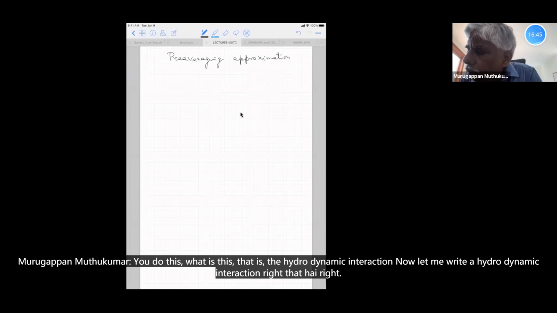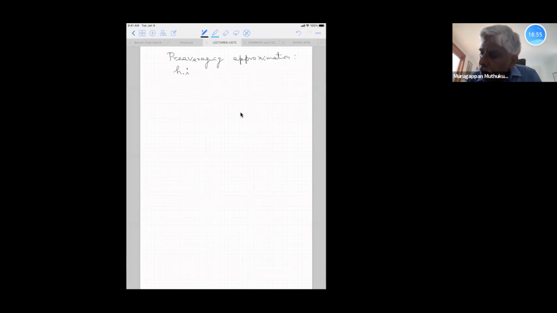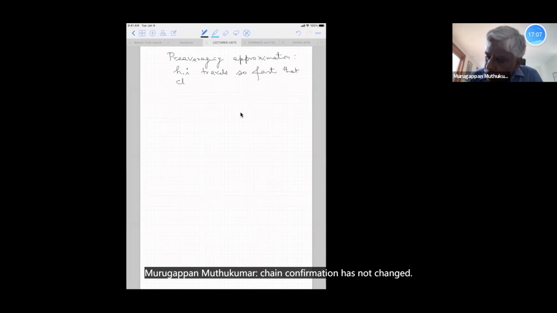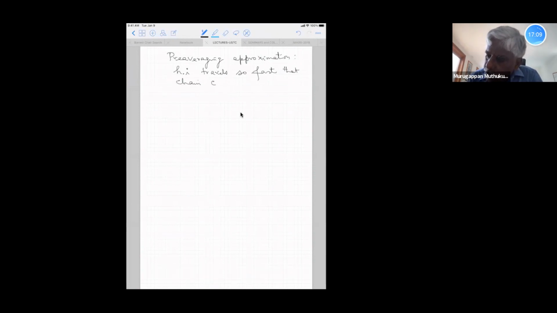What is this? That is the hydrodynamic interaction. Let me write hydrodynamic interaction, that's HI. It travels so fast that the chain conformation has not changed.